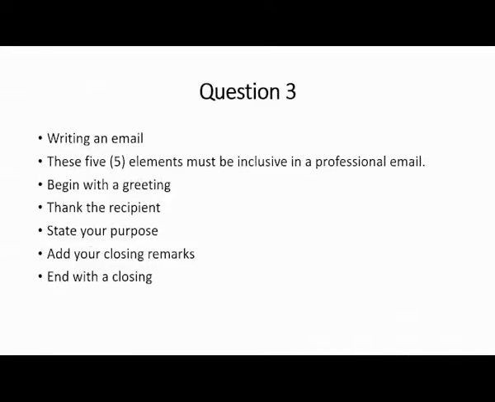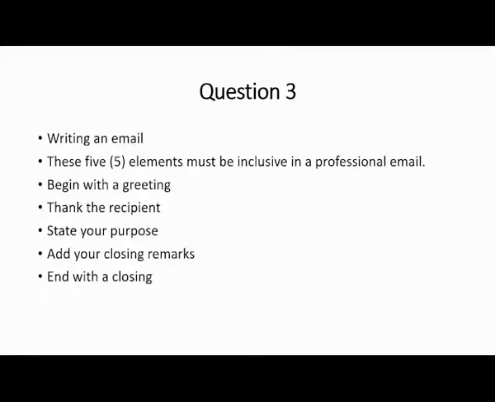Question 3, writing an email. There are 5 elements that must be included in a professional email. These include: begin with a greeting, thank the recipient, state your purpose, add your closing remark, and end with a closing.